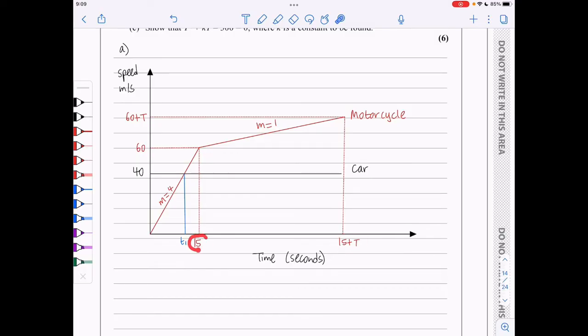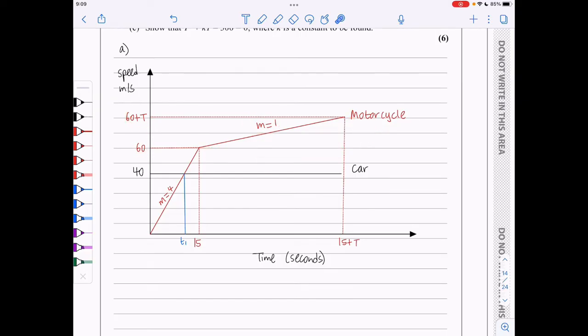So this was 15 seconds, so this is 15 plus capital T. Now, over this capital T seconds, the gradient was 1, so the rise should be capital T, and therefore the speed goes from 60 to 60 plus capital T.